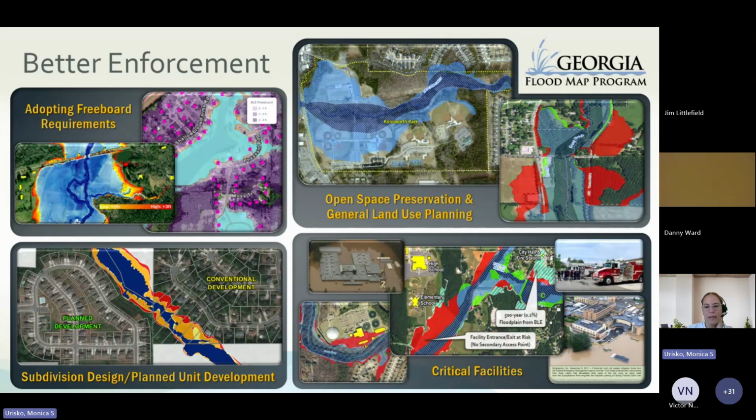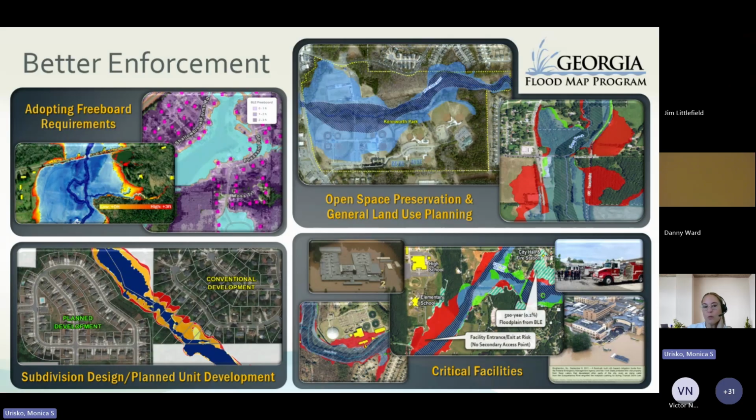The BLE data can also support planned unit development decisions, especially those that incentivize developers to avoid placing new parcels on areas that are at risk. So here, you could identify parcels where maybe it's not such a good idea to develop. Also, open space preservation and general land use planning.